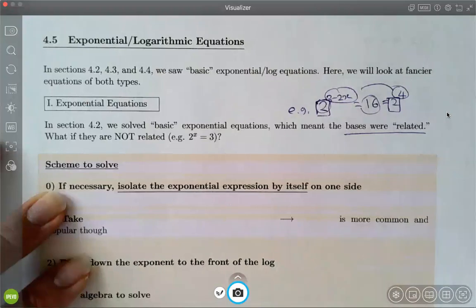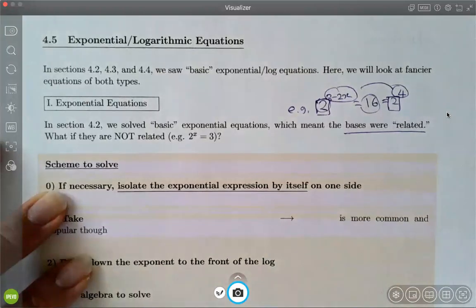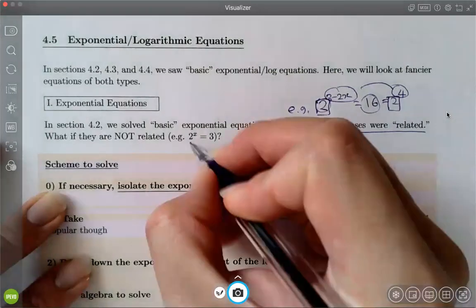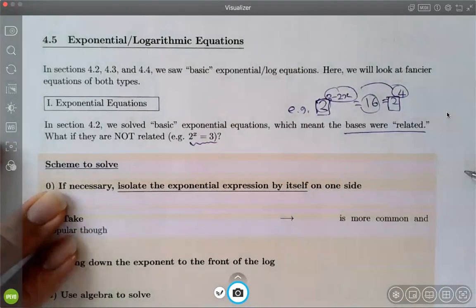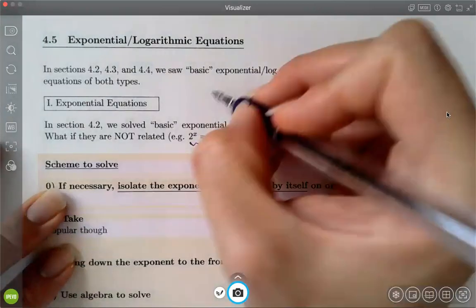Now, what if the bases are not related, such as 2 to the x is equal to 3? 2 to some power is never equal to 3, and it's different from something like this.